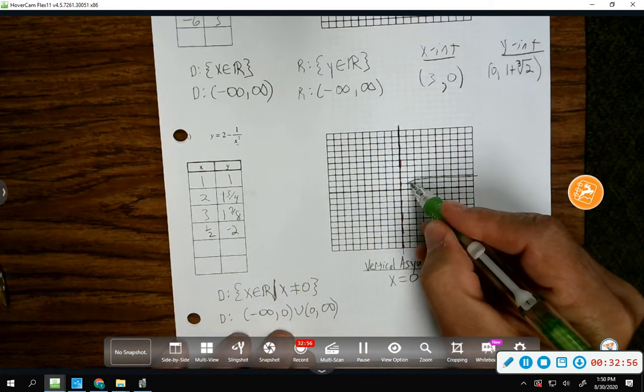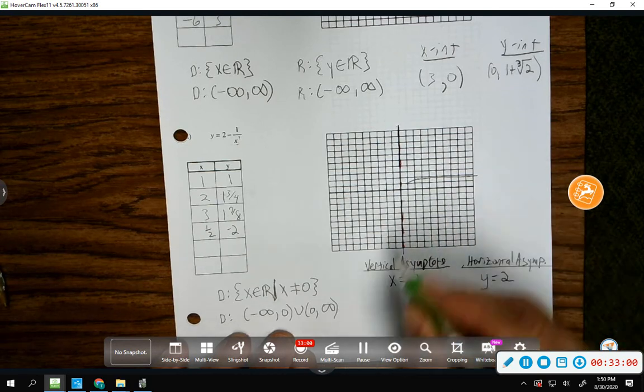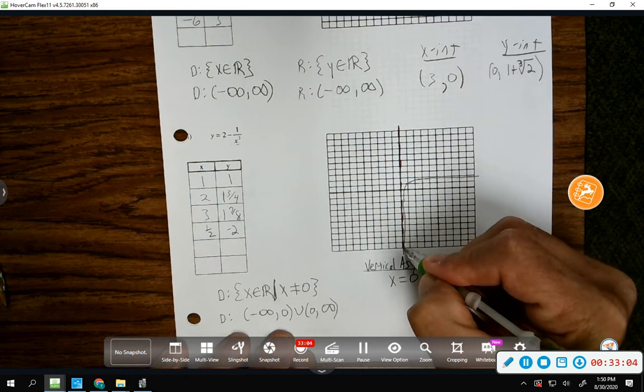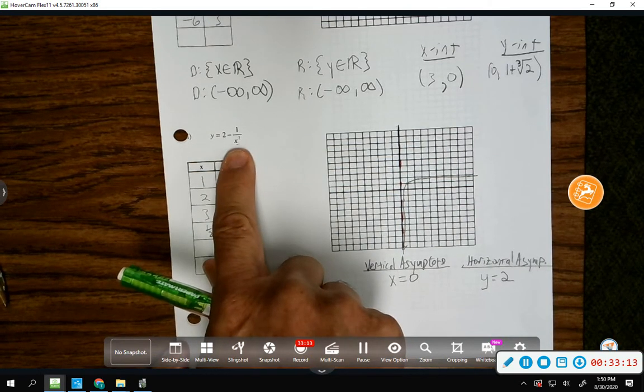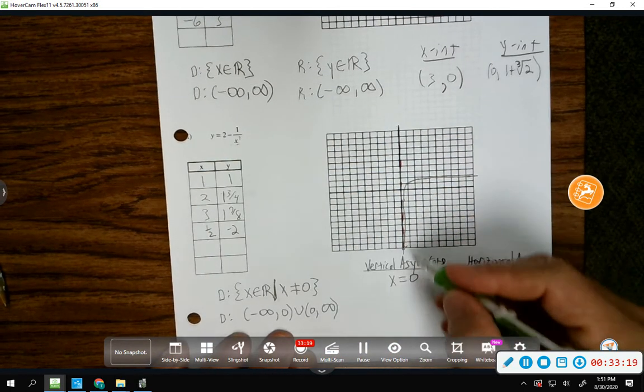So as I get closer to this asymptote, I'm going down here. That's what it looks like. You mean if I get really close there, I plug in 1/4. It's going to be a large negative number. Let's see. 1/4 squared is 1/16. 1 over 1/16 is 16. 2 minus 16 is negative 14. There it is.